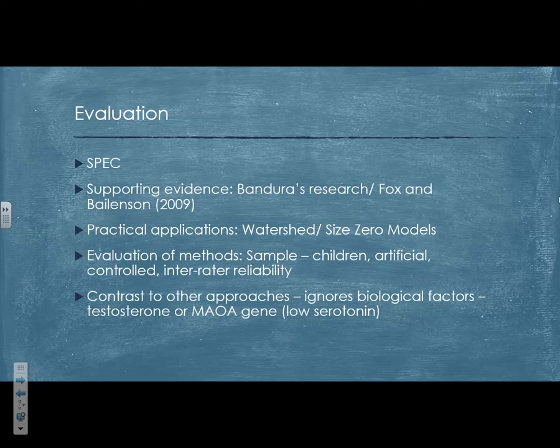The other type of practical application you can see is, I think it was in France, and again the article, I'll share the article below the video for you to have a quick look at, because it's a really interesting one, is the idea of social learning theory and size zero models. So that has been put in place, or there was discussion about putting in place, that certain models would only be allowed to model if they had a letter from the doctor saying they were healthy.